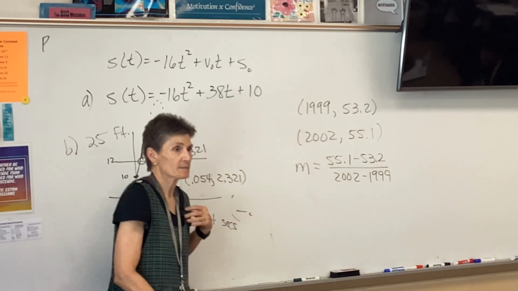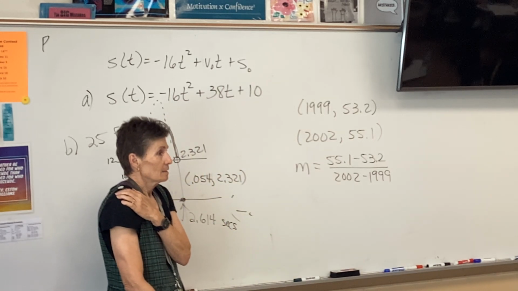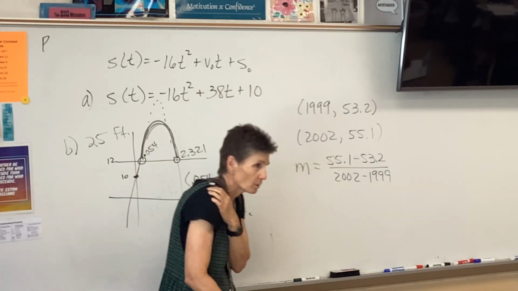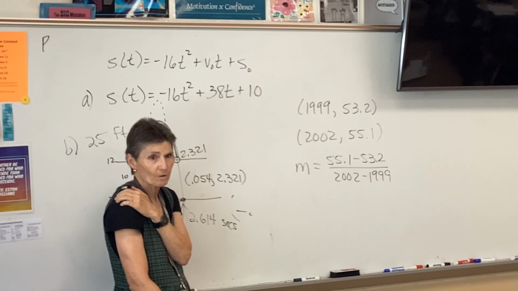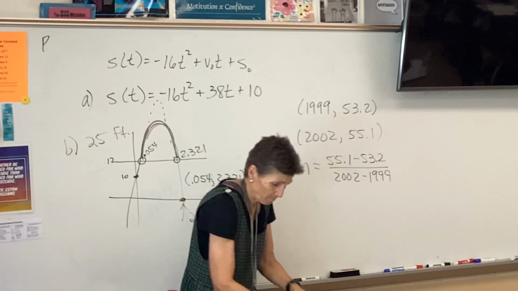How do we calculate slope? Y over X. Huge pet peeve, kids who do it upside down. Don't do it upside down, I will embarrass you. Y over X. Alright, so what do we get?